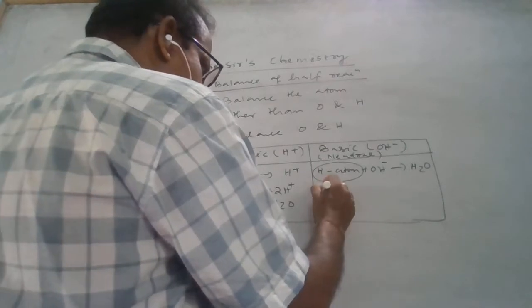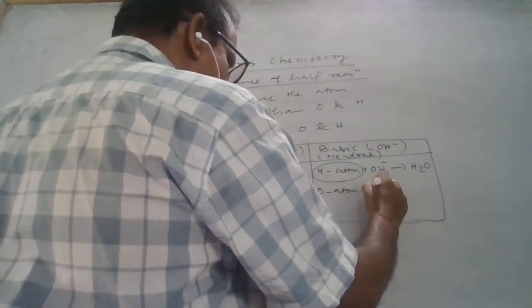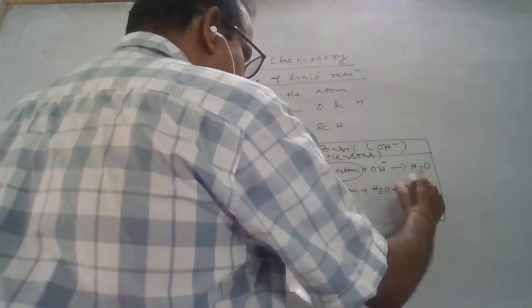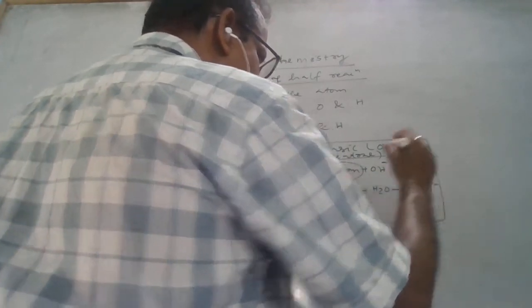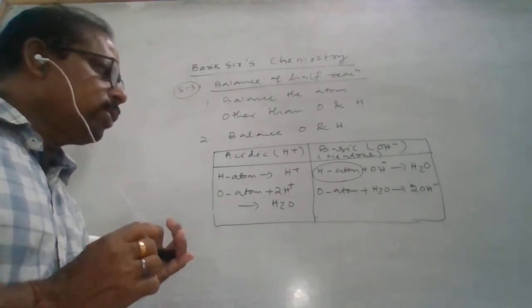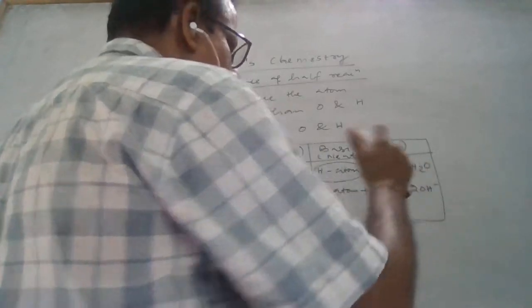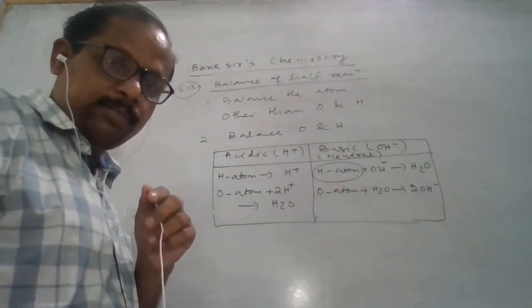Similarly, for the balance of the oxygen atom, you have to add one H2O to the same side and 2 OH minus ion to the opposite side.